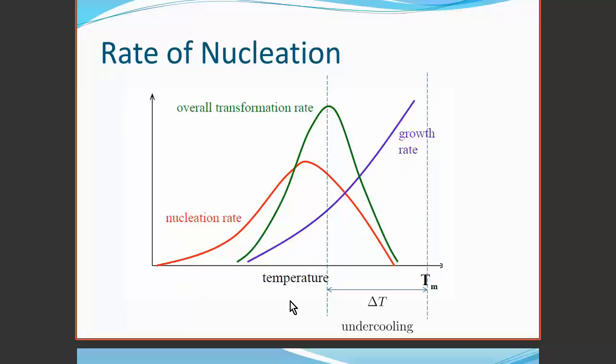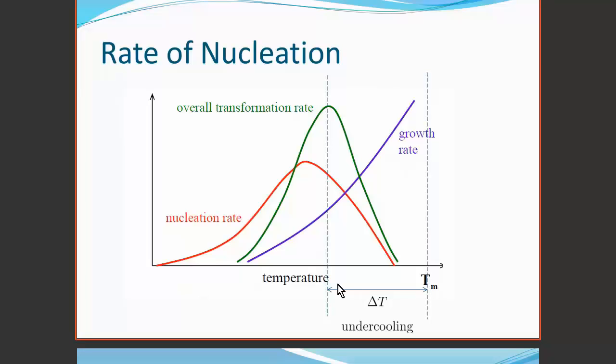The rate of nucleation is again driven by two competing factors. With increasing temperature, there is increasing mobility of the atoms, and so the growth rate increases with temperature. However, the difference in free energy between a solid and a liquid is higher as the temperature is reduced, and hence the nucleation rate peaks at temperatures lower than the melting point.